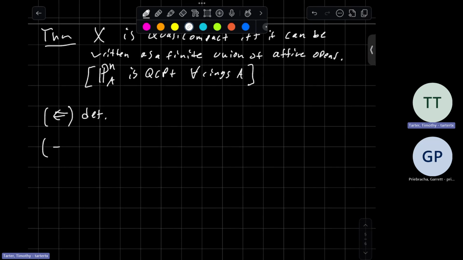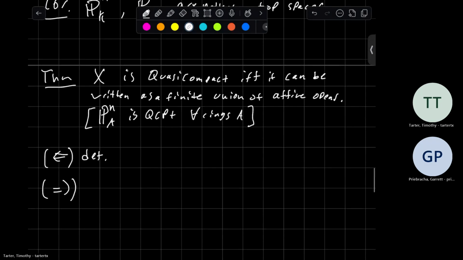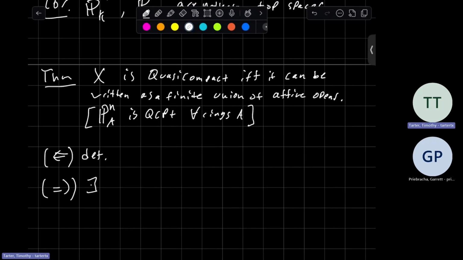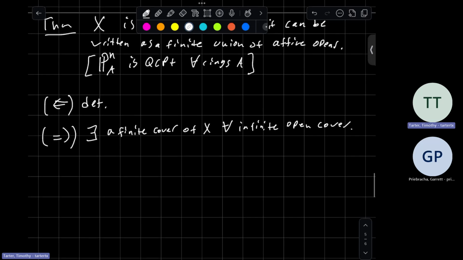And then the forwards direction is that there exists a finite cover of X for every open cover, and then these happen to be affine opens.